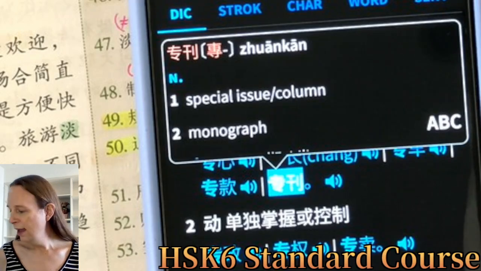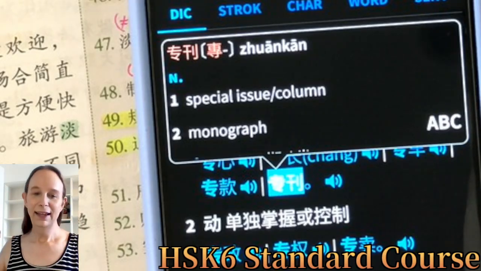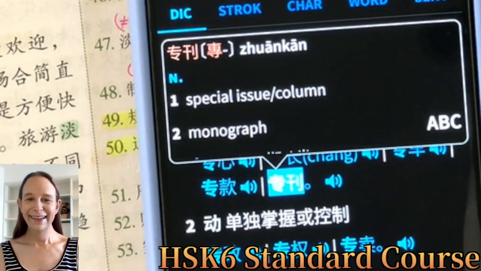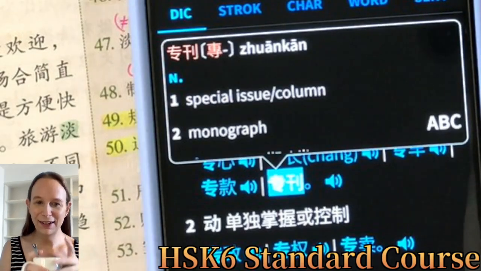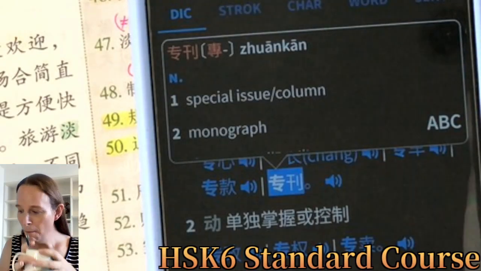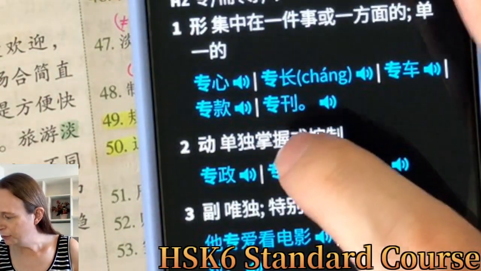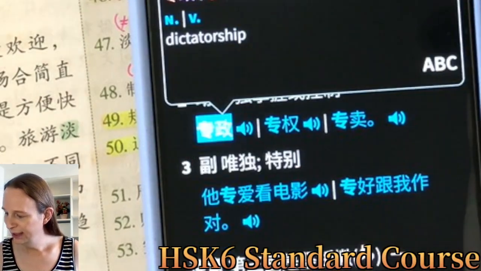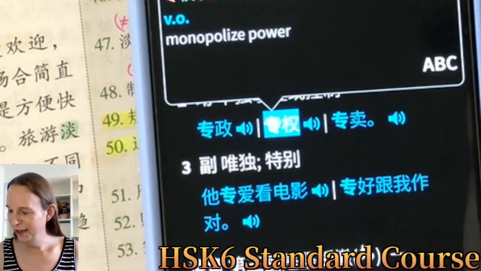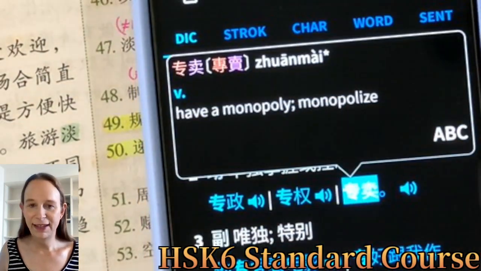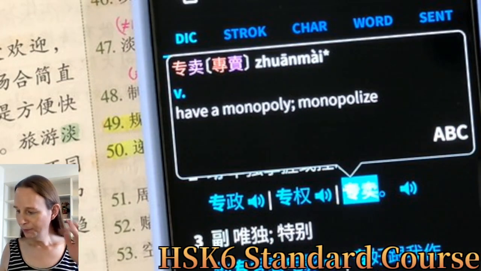Sometimes, if an established professor dies, they might put out a special issue in his honor. 单独掌握和控制. Okay, 专政, dictatorship. 专钱, monopolize power. 专卖, something you see a lot.